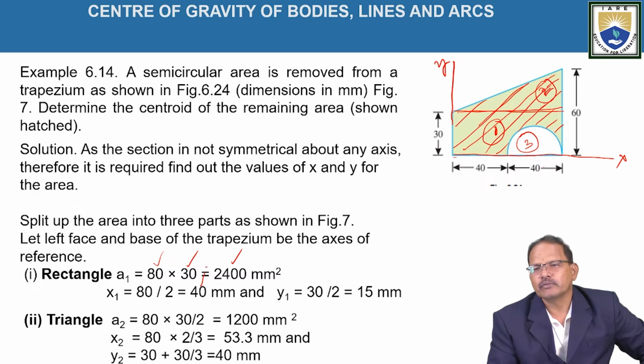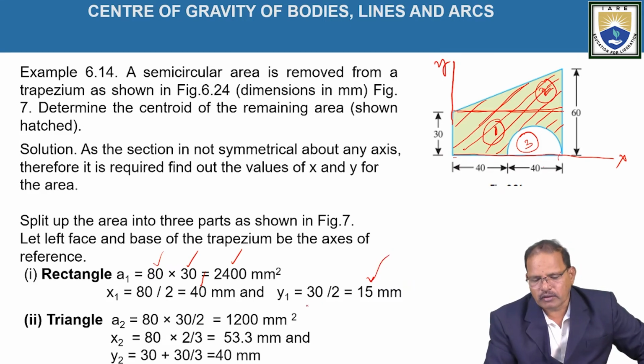Similarly, y1 is half of the height, 30 by 2, which is 15 mm, as represented here. That is, y1 is equal to 15 mm and x1 is equal to 40 mm.